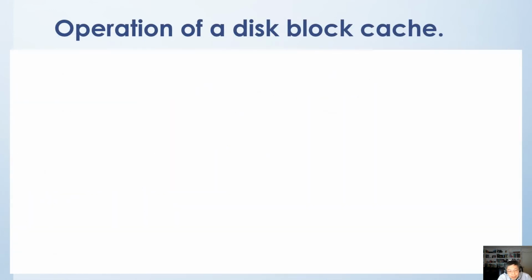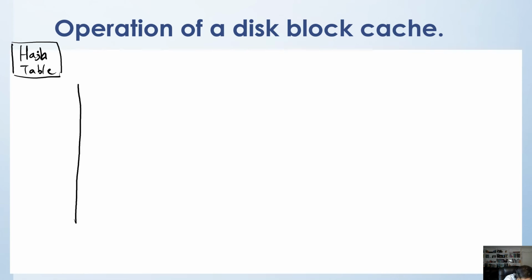Since a disk block cache may contain many disk blocks, a hashing will be used. So let's say here's the hash table. It may contain n different hash values, so H1 all the way to Hn.